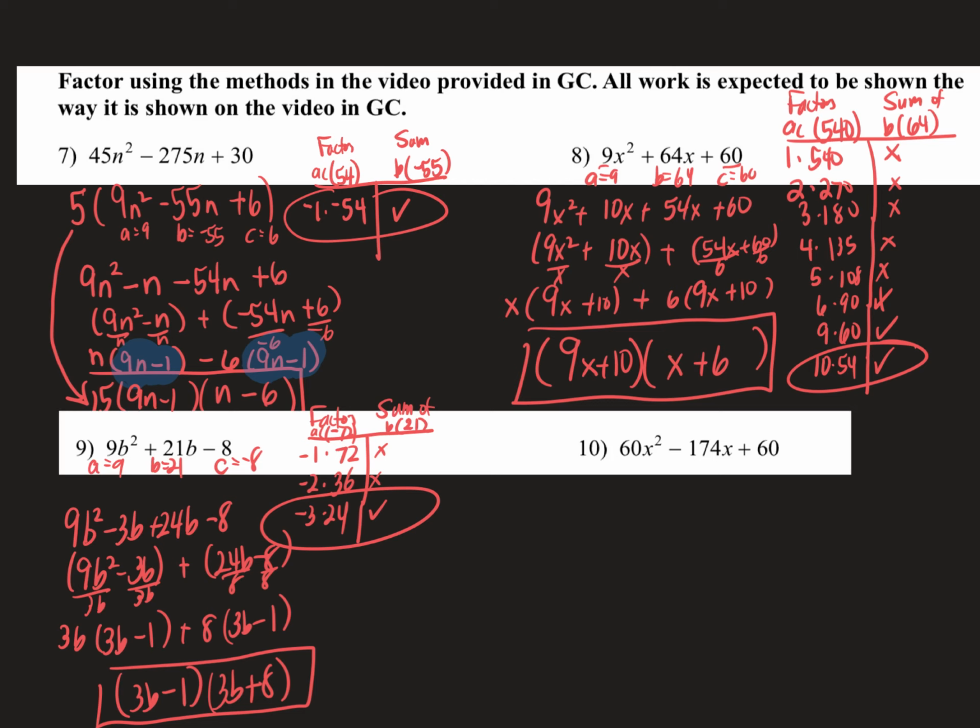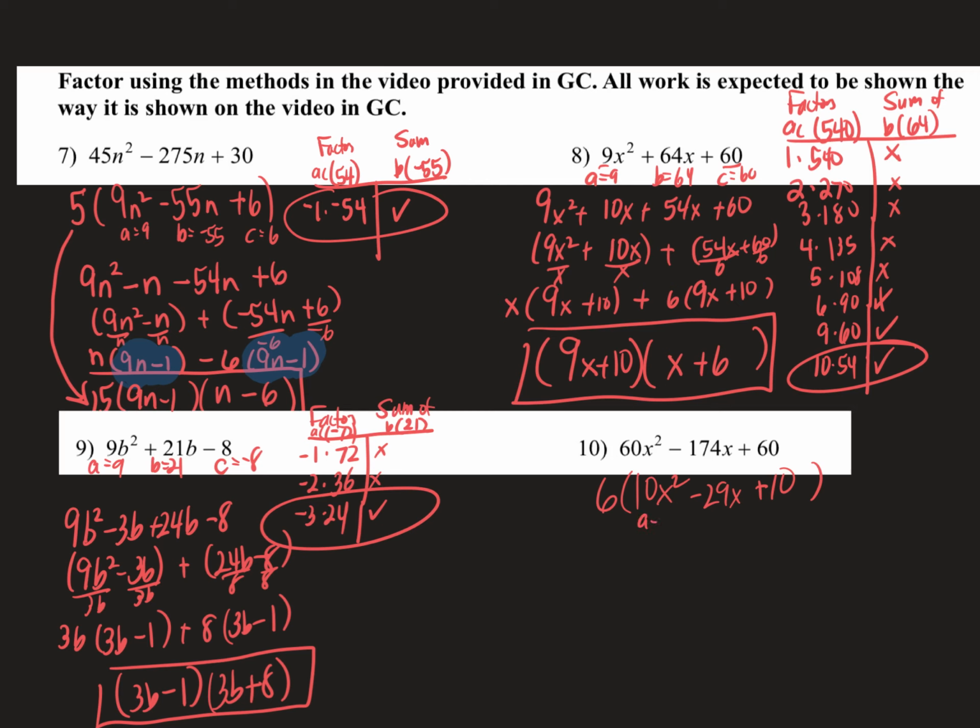So I wonder if 174 is divisible by 12. No. So I think 6 is the greatest common factor. So 10x squared minus 29x plus 10. And 29 is prime, so that is the greatest common factor.